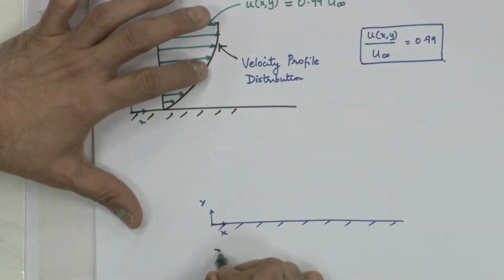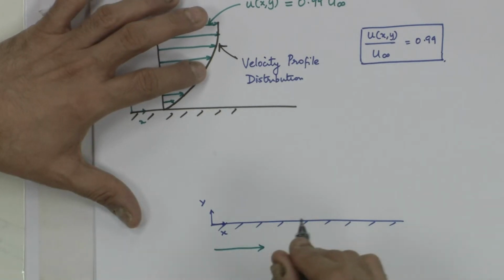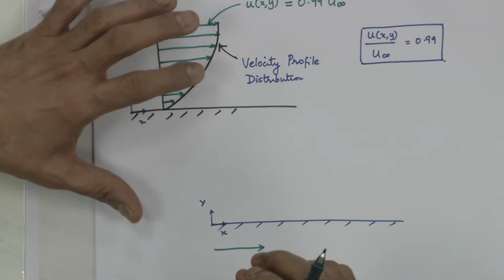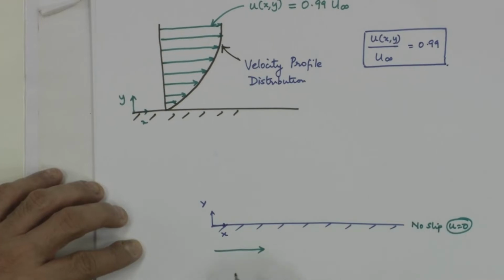That means, as I move along the x direction, the effect of viscosity which is retarding the flow starts to be felt more and more, because the fluid has now gotten used to the fact that there is a solid plate below it, at u equal to 0. So, no slip condition means u is equal to 0 at the wall.